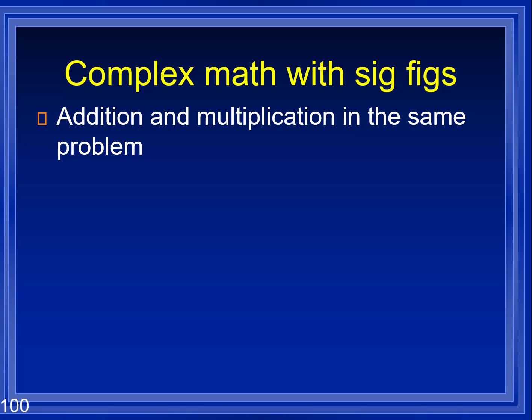So if you have addition and multiplication in the same problem, or subtraction and division, or subtraction and multiplication, well, you have to do the math right. And the math is PEMDAS, or PEDMAS, depending on who your math teacher was. Parentheses first, exponents second, multiplication and division in the same order, and addition and subtraction in the same order. So since multiplication and division fit in the same order, you can do them all at once.